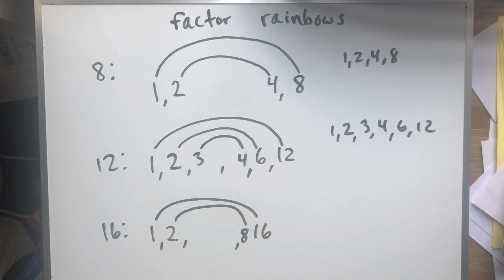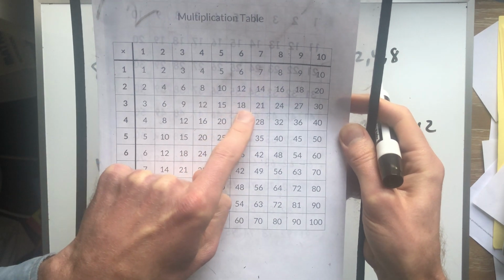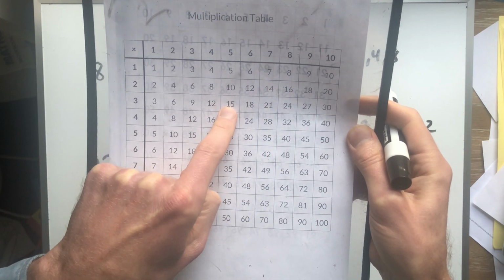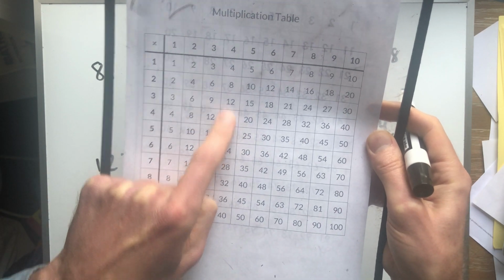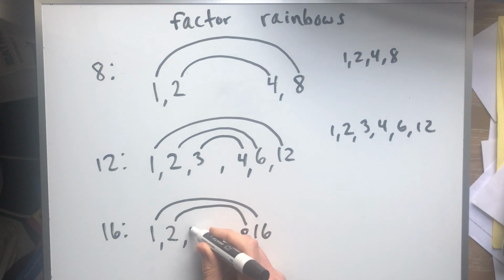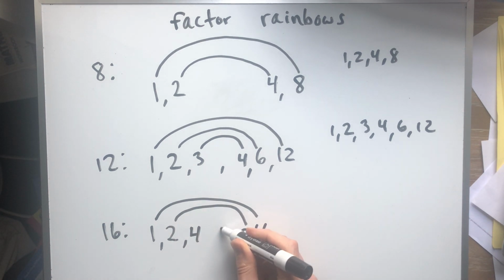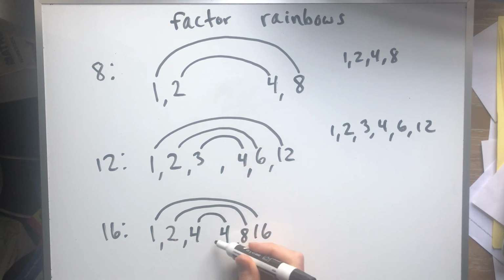Does 3 go into 16? I don't think so, but I can always look at my multiplication table. Nope, sure doesn't. What about 4? Yep, 4 does. 4 times 4. In this case, you got 4 twice because you need to make the rainbow meet up.